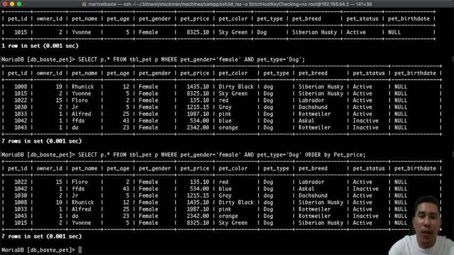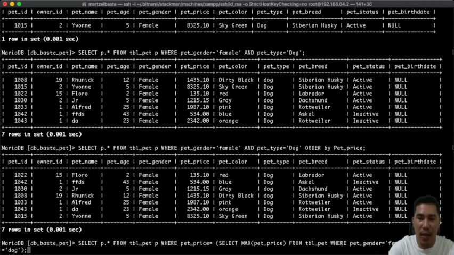Okay, so let's try having. So we have here TBL, pet price, having. Instead of where, we are going to use having. So having pet gender equals to, not this one, where, but right here on the left, in the outer query.